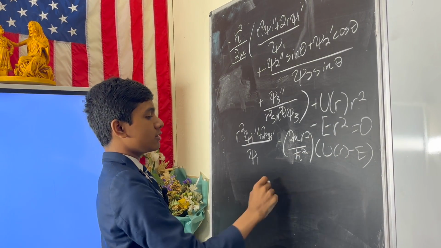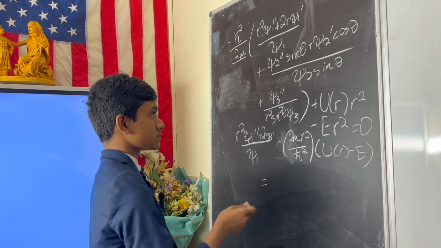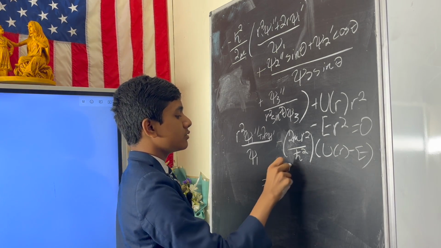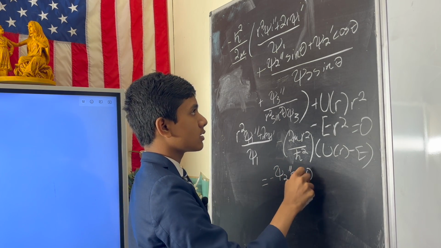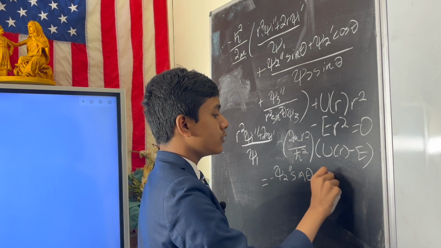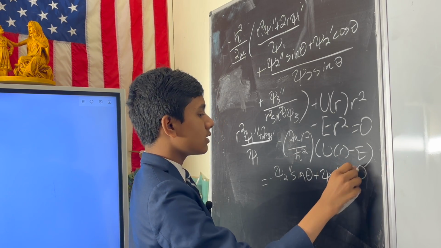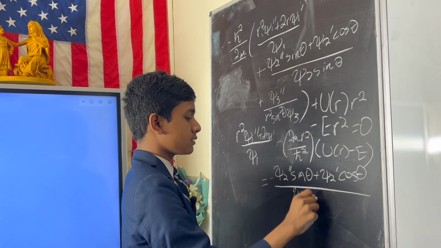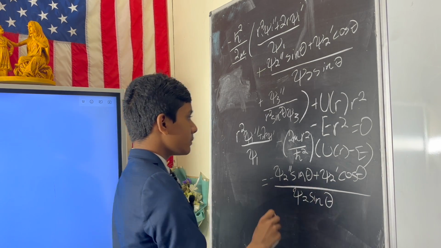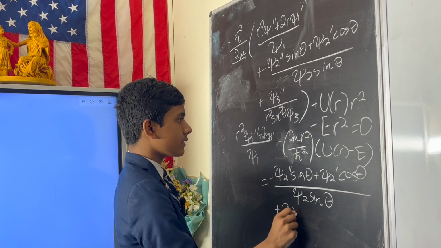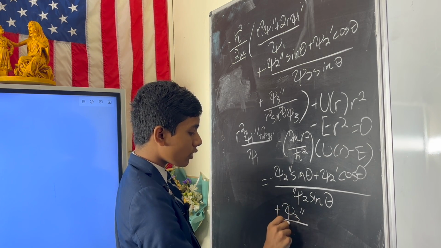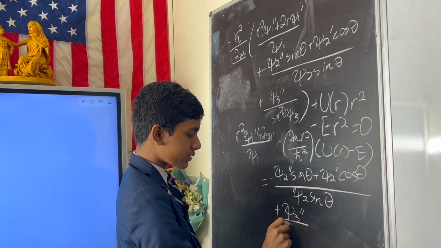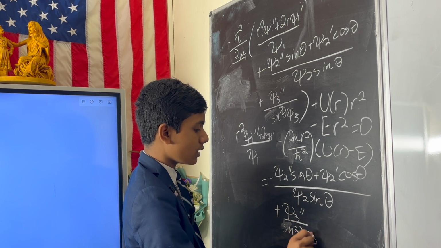And that is going to be equal to the rest, which is minus psi 2 double prime sine theta plus psi 2 prime cosine theta over psi 2 sine theta plus psi 3 double prime over sine squared theta psi 3.